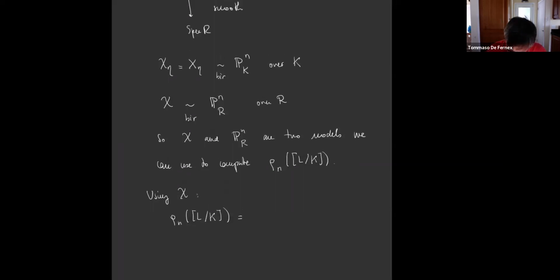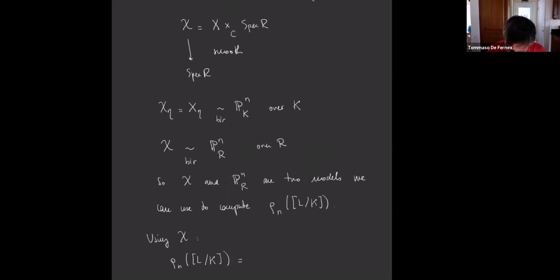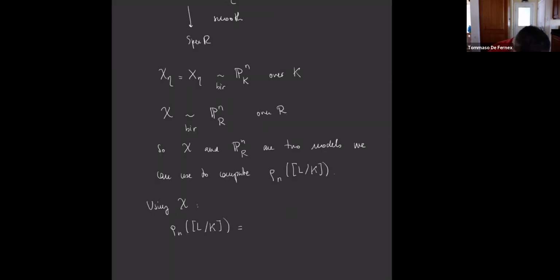But the central fiber for this model X is smooth, and is exactly X. So this will be the function field of the central fiber, which is the same thing as X naught over C.